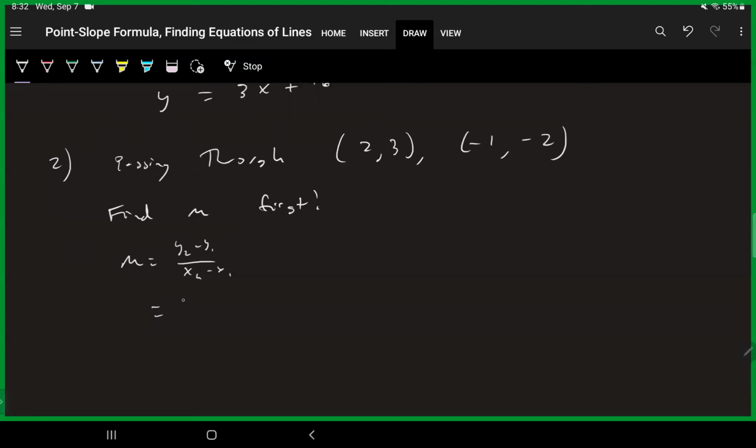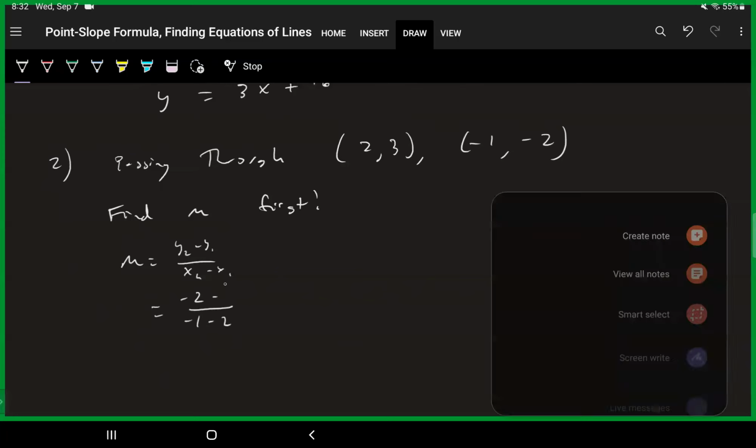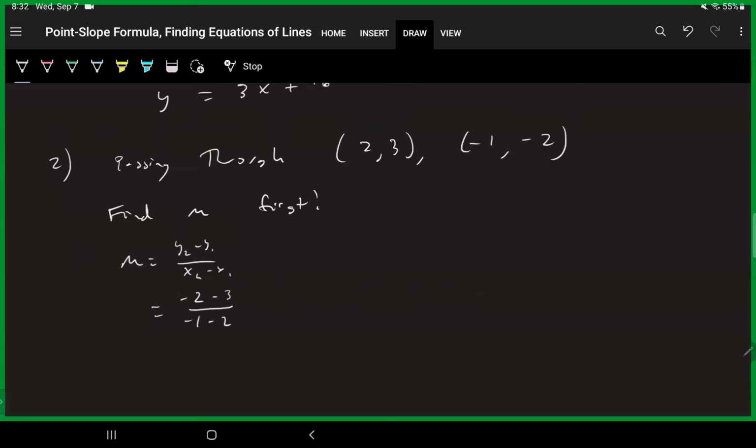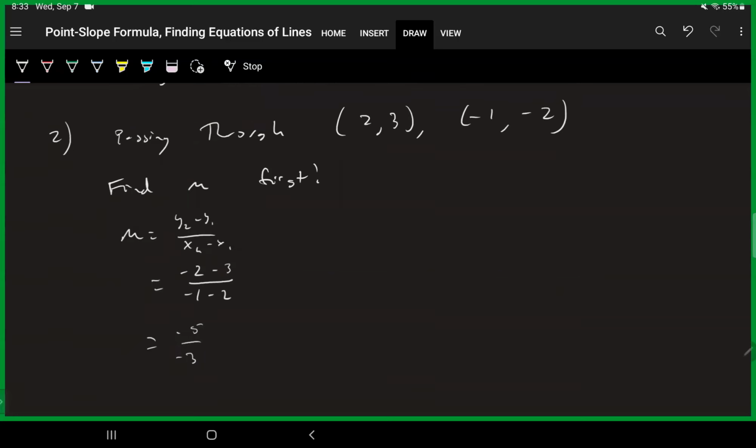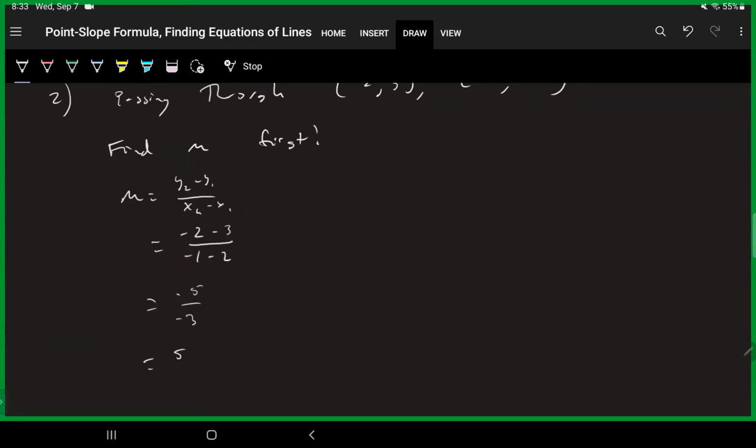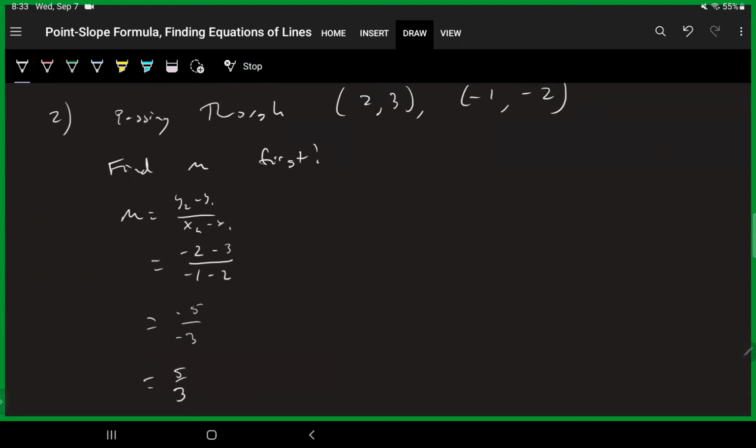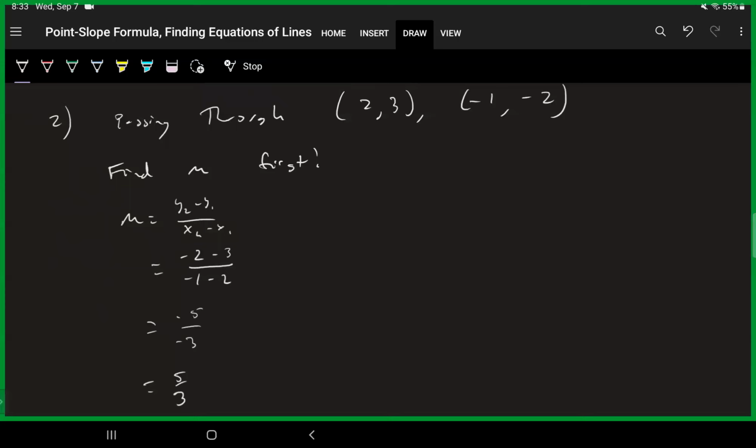And so we're going to do -2 minus 3 and -1 minus 2. So mind your signs. And it's going to give me a -5 on top and a -3 on the bottom. So it's going to be a -5/3. So my slope is -5/3, which means, I'm sorry, a +5/3, because that was negative divided by negative.